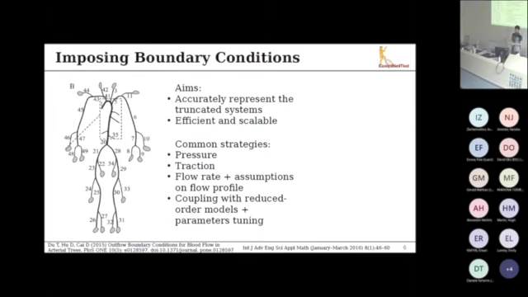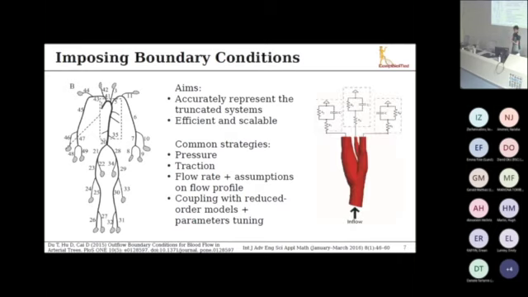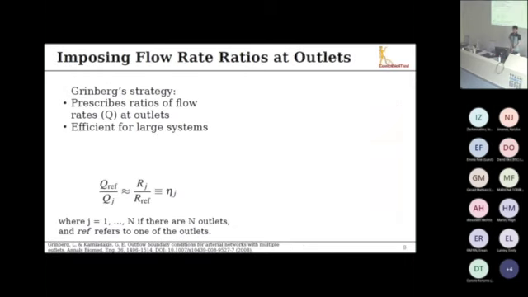But this requires parameter tuning in order to have an accurate representation of the truncated system. The right figure shows an example of such a coupling system in which at the three outlets there's a circuit, or a reduced order model, attached to it. And there are some parameters that you should tune.